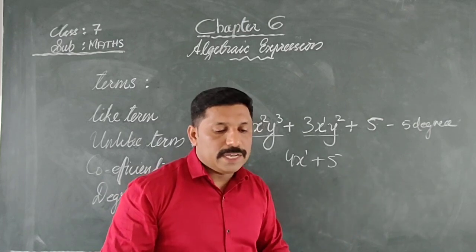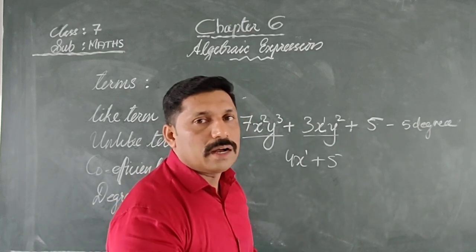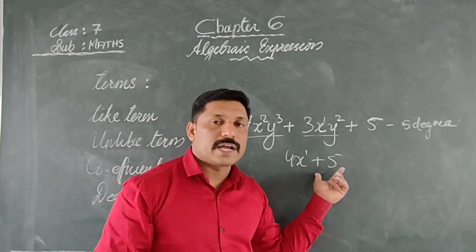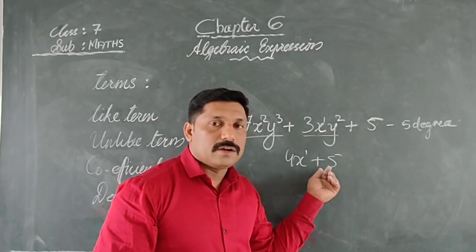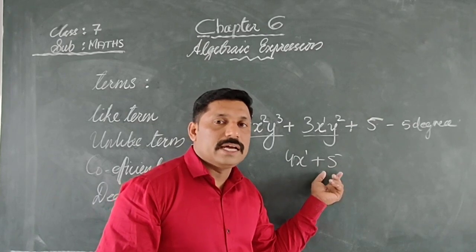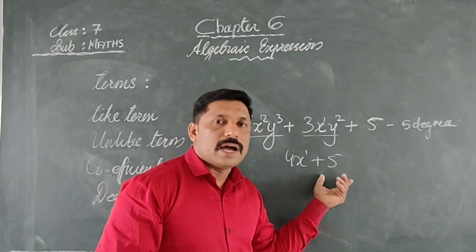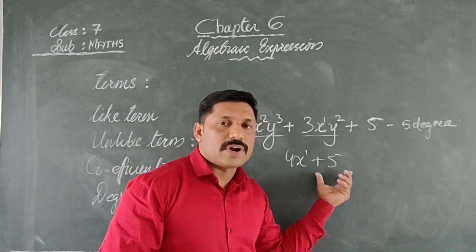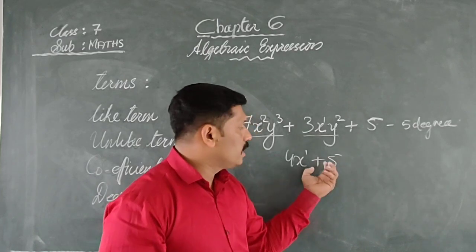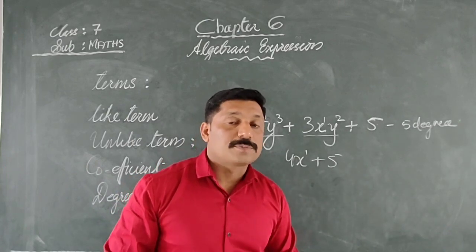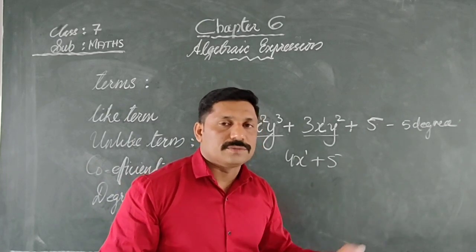On the basis of degree, expressions are divided into different categories. If the degree is 1, it is called a linear polynomial or linear expression. If the degree is 2, it is called a quadratic polynomial. And if the degree is 3, it is called a cubic polynomial.